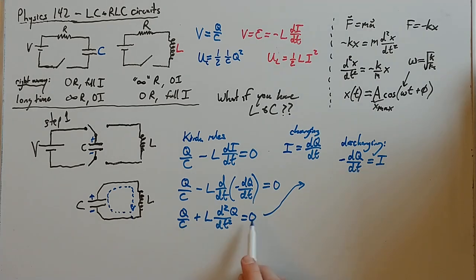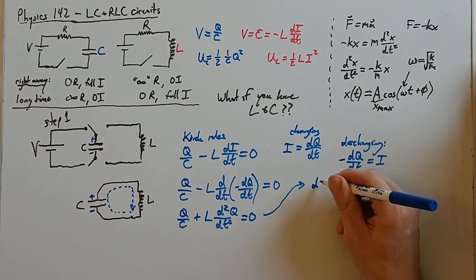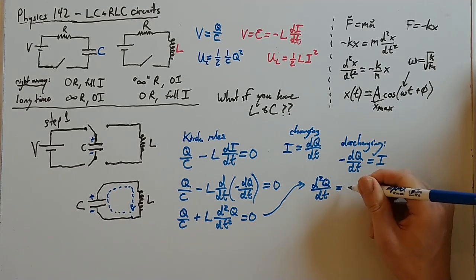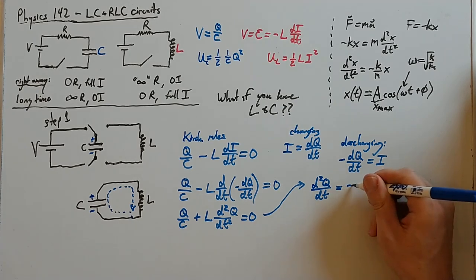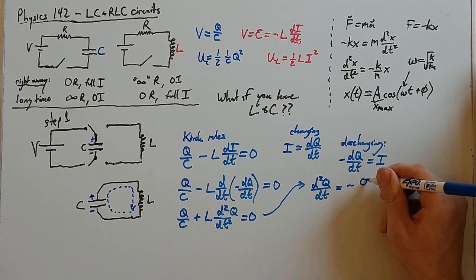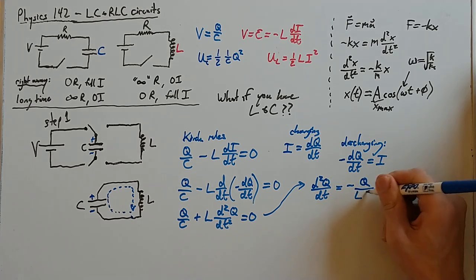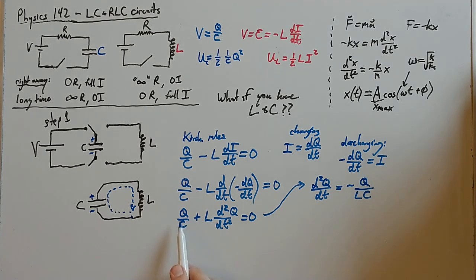I'm going to move the Q over C to the other side, and divide both sides by L. And if I do that, I get the second derivative of Q is equal to minus Q over LC. So we moved the Q over C over here, so it became minus, then we divided by L.